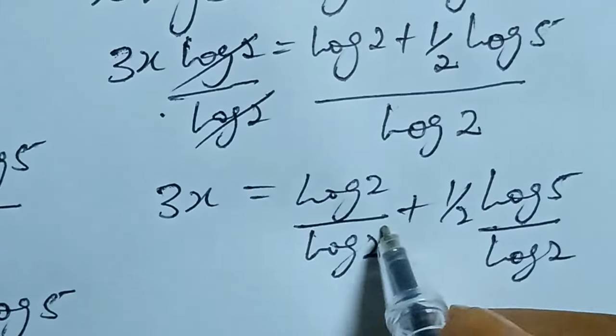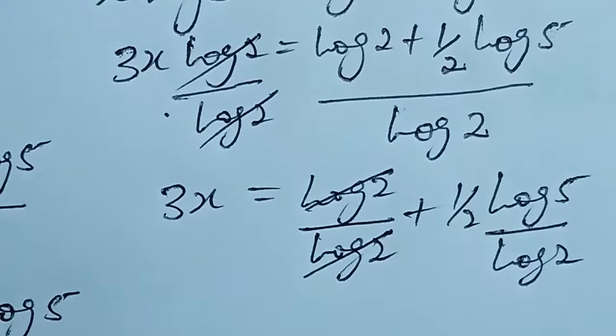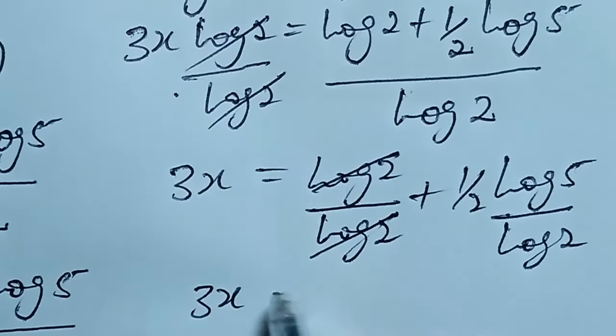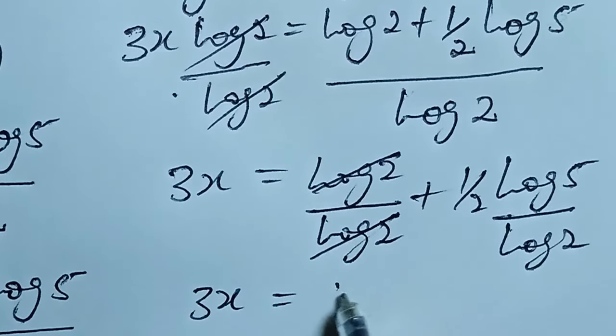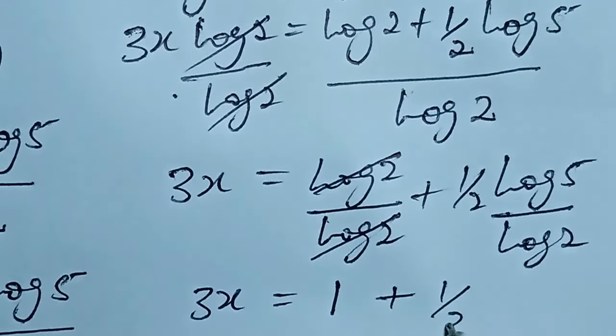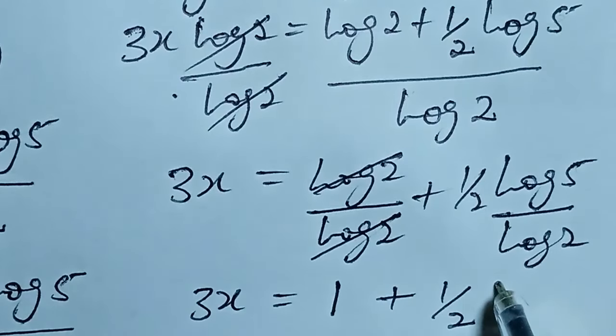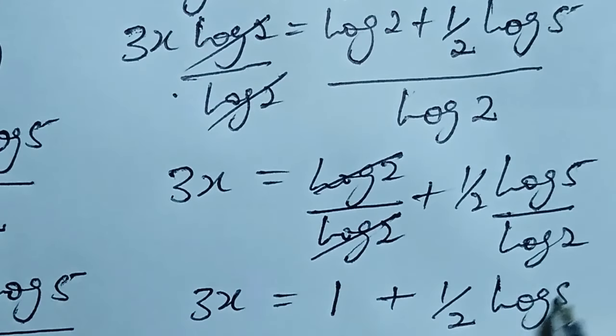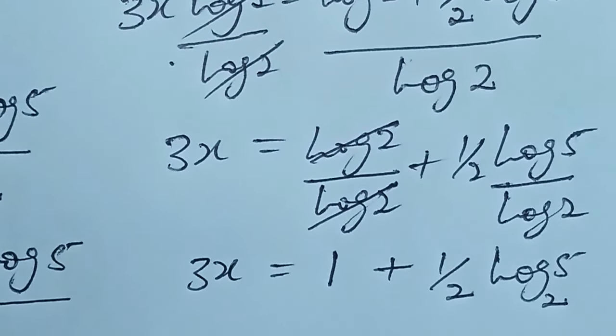So this can as well cancel out with this. So we now have 3x equal to 1 plus half, in a simpler form, log 5 to the base of 2.